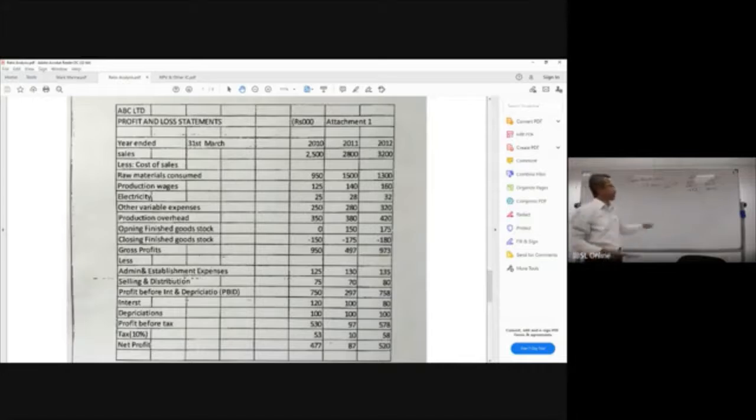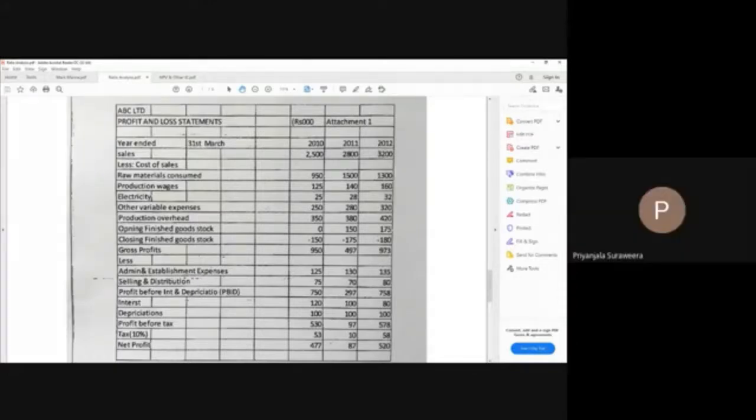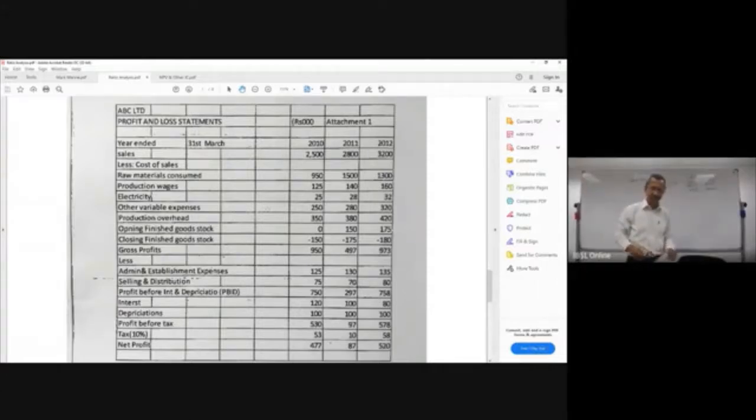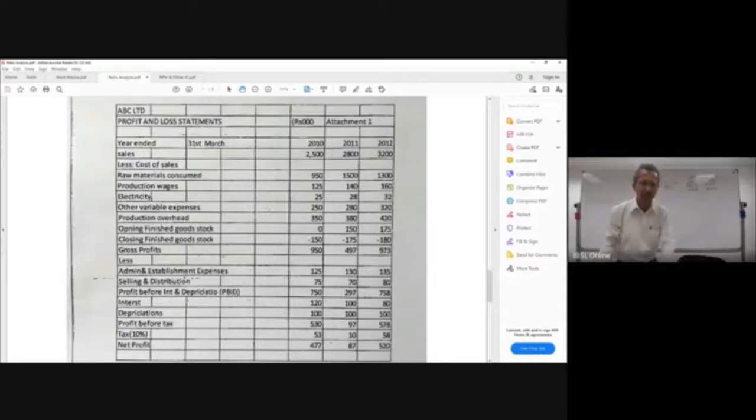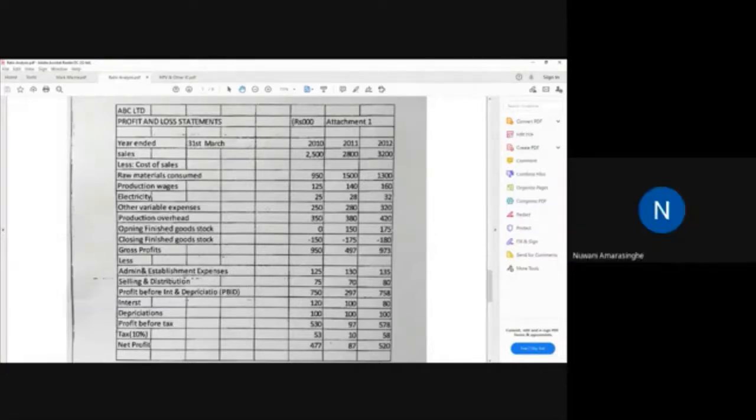Why is the gross profit margin low in 2011? Sales are low, then. The profit figure is low. Why is the gross profit low? If you look at the cost of sales, you can see one cost has gone up so much during that year: raw material consumed.